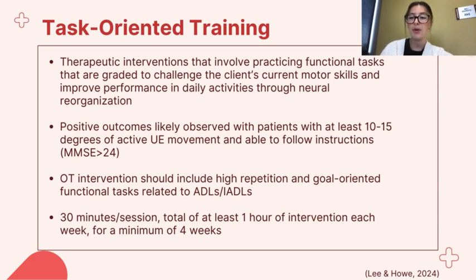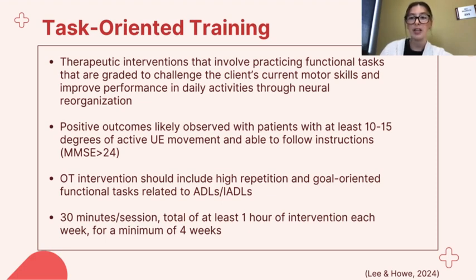The last 3 bullet points that I have on the slide are based on a 2024 AOTA systematic review on task-oriented training for this population. So the 3 bullet points are recommendations for practice for occupational therapists for providing this specific intervention.